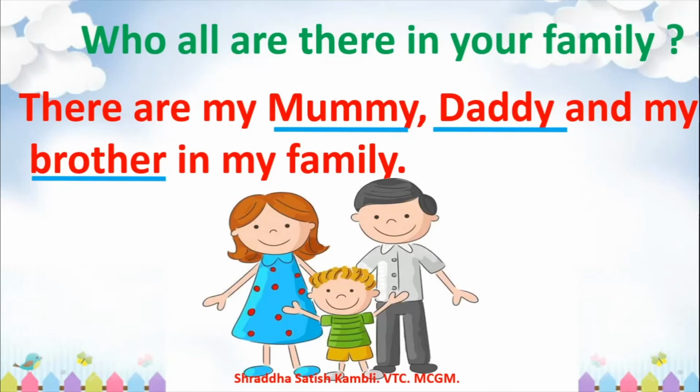Okay, and other people who are living in your family, for example, grandfather, grandmother, these are also the names of people. So all these words are naming words. Okay, words which show relationship: mummy, daddy, brother, sister, uncle, aunt, grandpa, grandma. All these words are naming words.